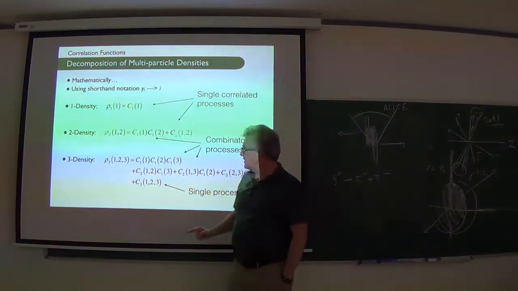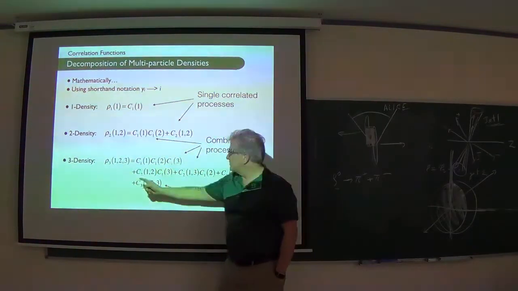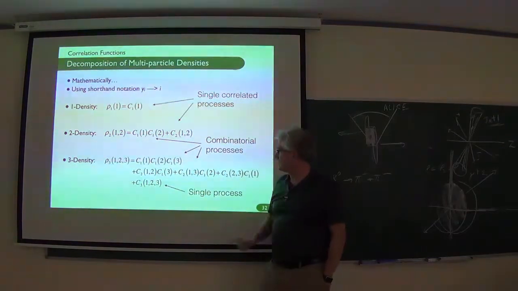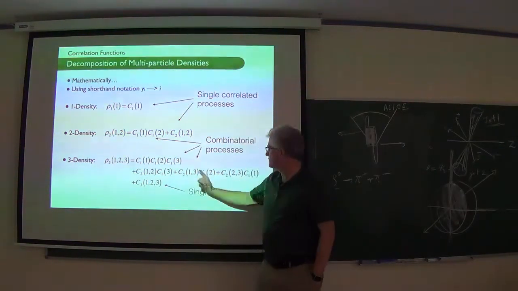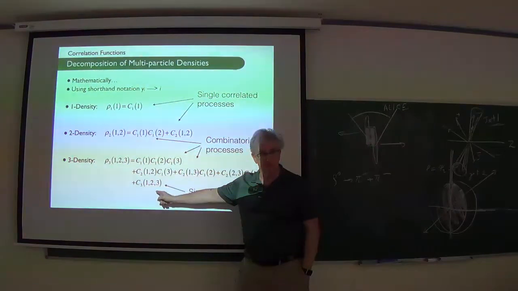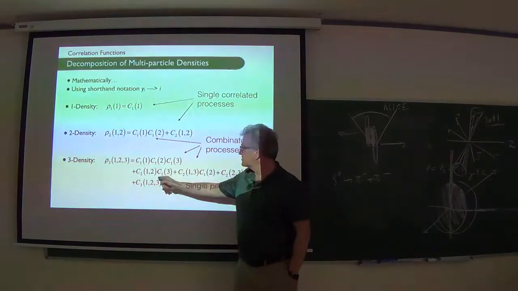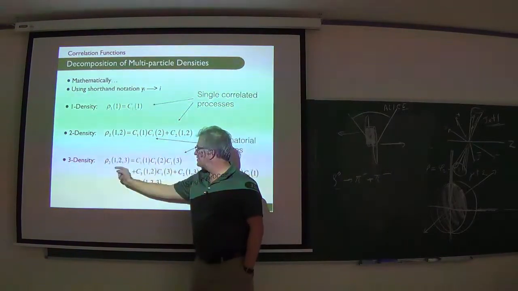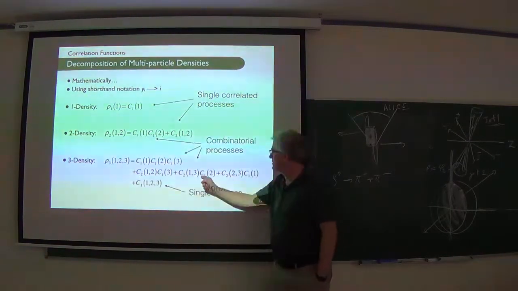For the 3-particle density, I will likewise now have a density that will be a product of singles, a pair and single, pair and single, pair and single, and triplets. So now to get this cumulant, I will need to measure the density and subtract all of this.